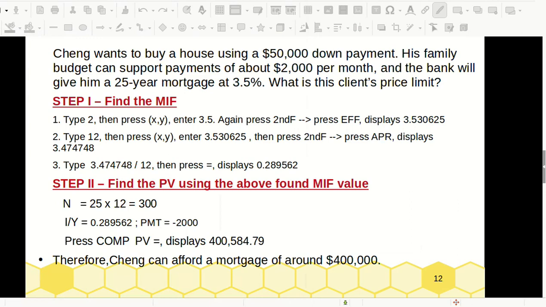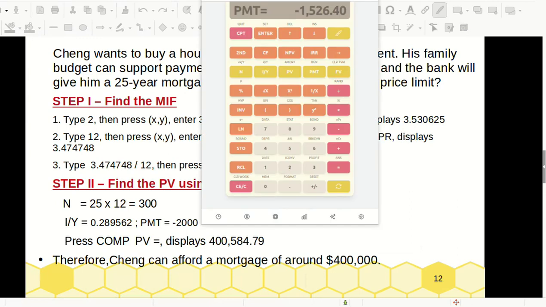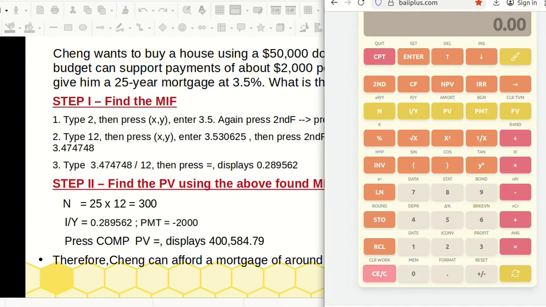Then type 12, again press the XY button, enter the above gotten value 3.5306, then press second F and then the APR button. Now a value is displayed which is 3.4747. So divide this value by 12 to get your MIF. So your MIF here is 0.2895.